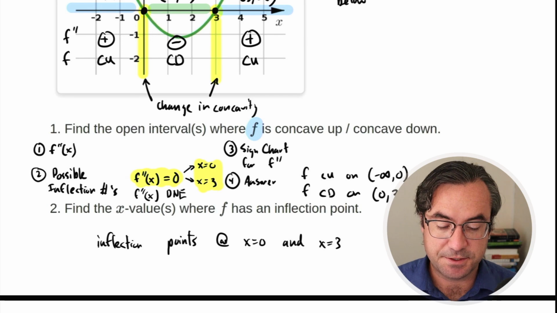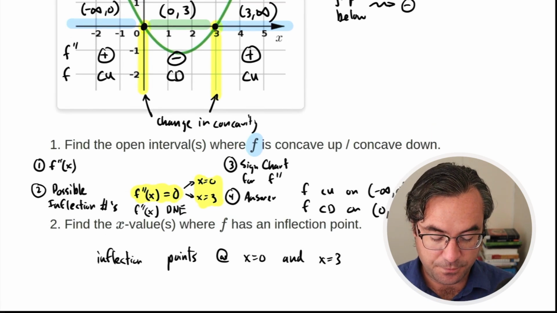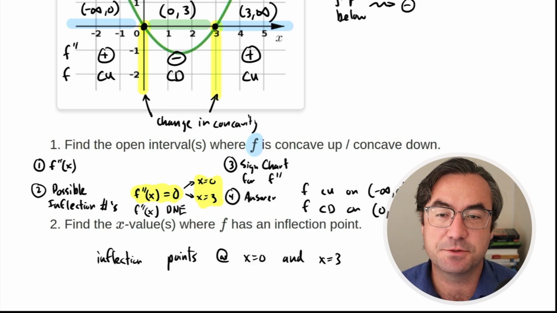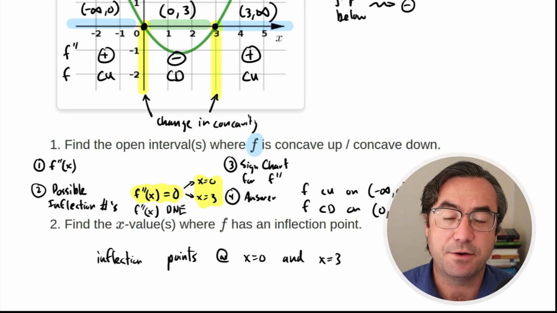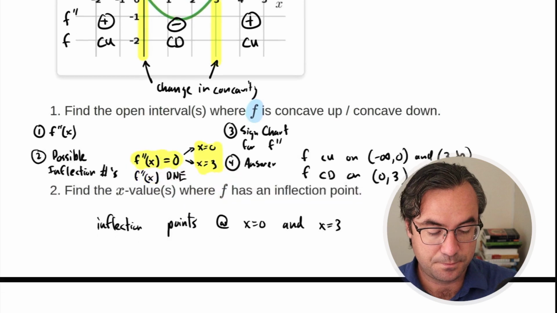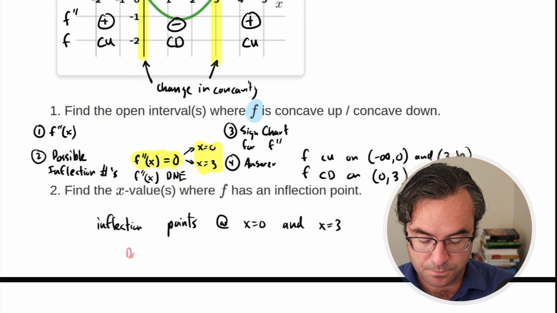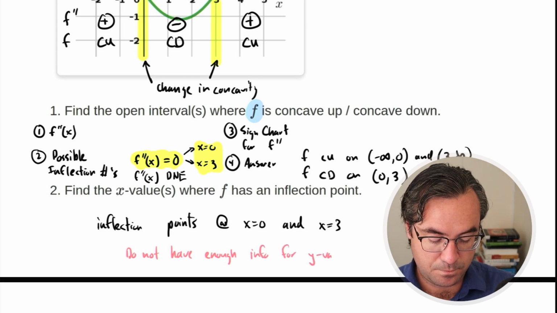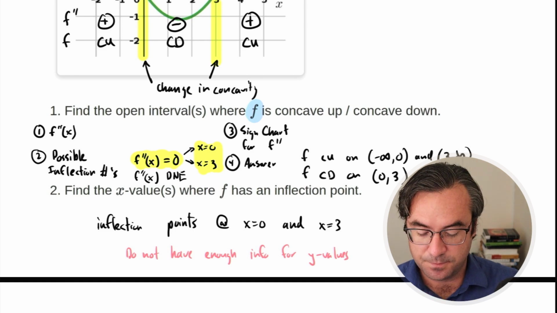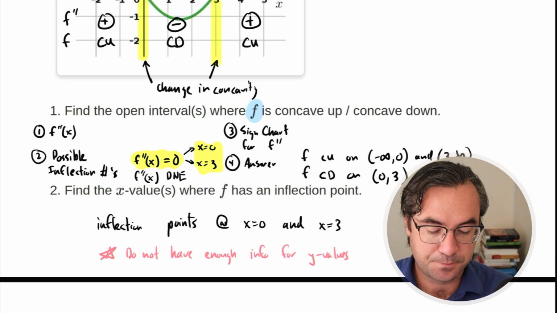Now, these are just the x values for our inflection points. We don't have enough information here to figure out the y value. So that's kind of an important point.